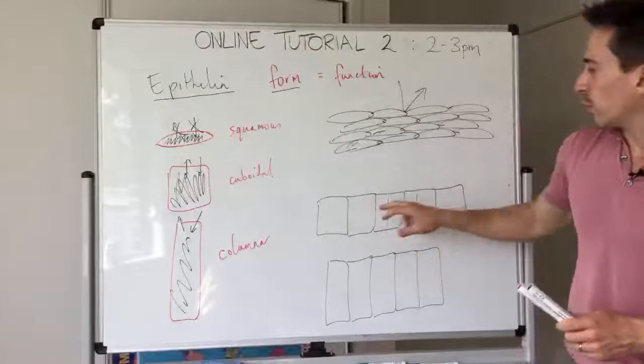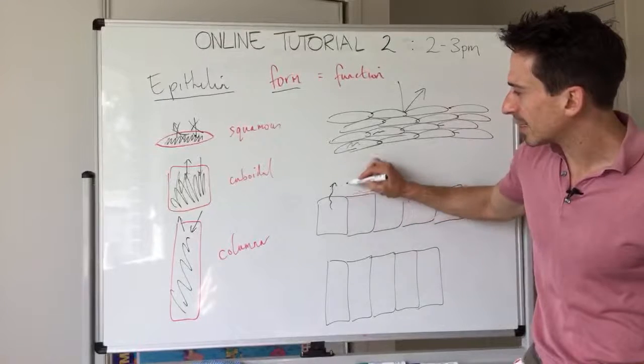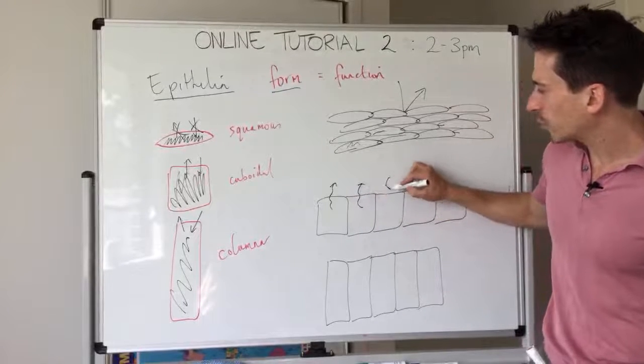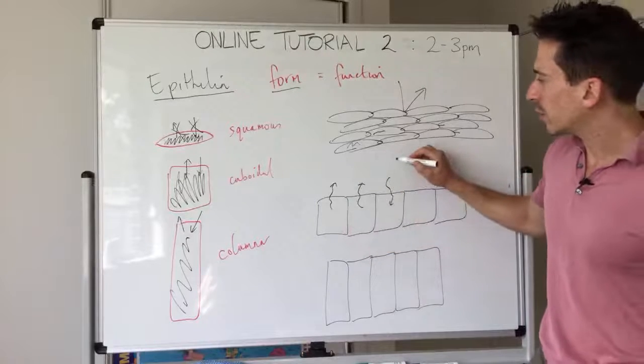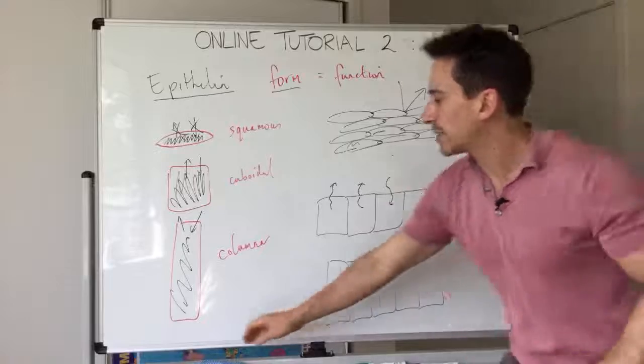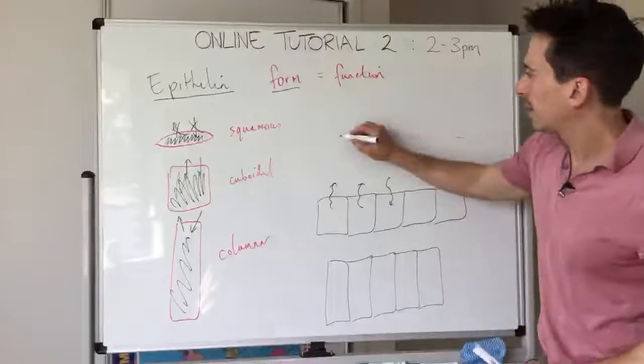If we look at simple cuboidal, they've got stuff. They're going to be producing things and releasing them, right? And they can also absorb things too. So areas of secretion, so we're going to look at simple cuboidal is often there.